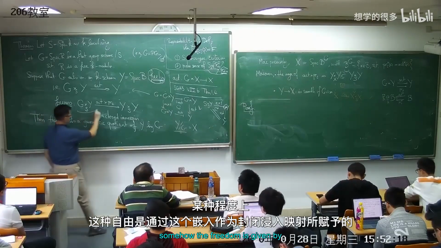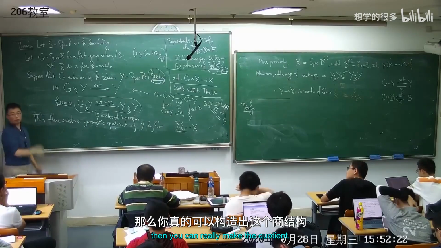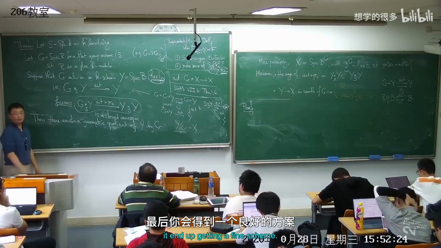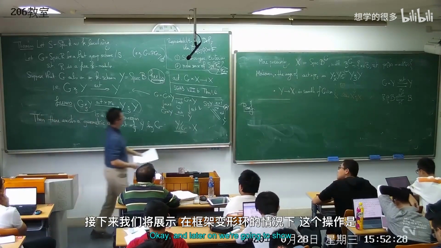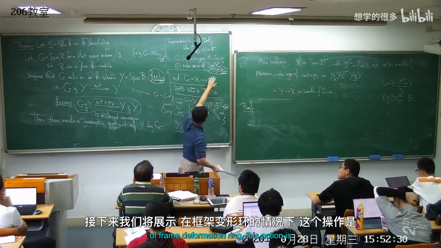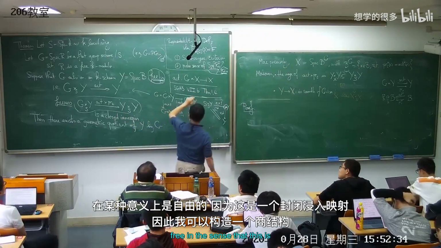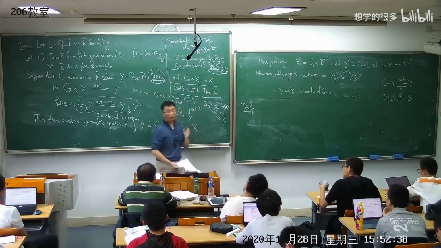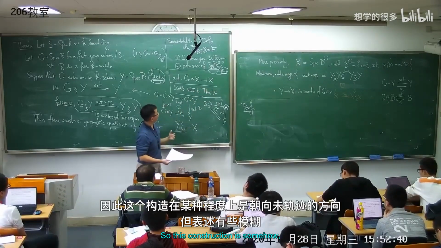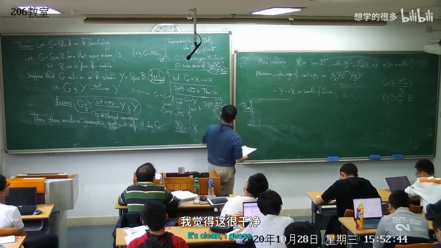Somehow the freeness is given by this embedding being a closed immersion. Then you can really make the quotient. Then you end up getting an affine scheme. Okay, and later on we're going to show that in the case of a framed deformation ring, this action is free in the sense that this is a closed immersion, and therefore I do have a quotient. So this construction is somehow abstract, but somehow it's clean, I guess.